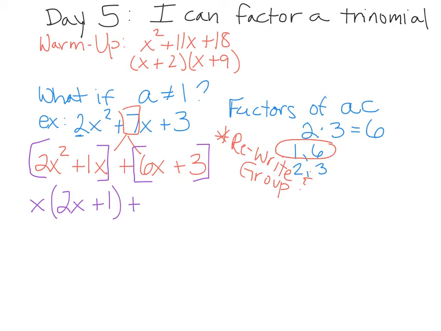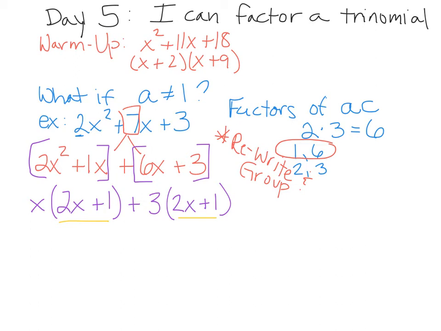Okay, looking at the second part, is there anything that these two terms have in common? 6x and 3. Yeah, they have a 3 in common. So that leaves us with 2x plus 1. That is good. You want to end up with the same thing here and the same thing here. Okay.